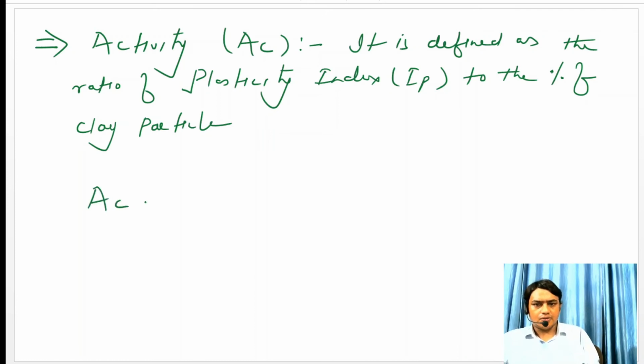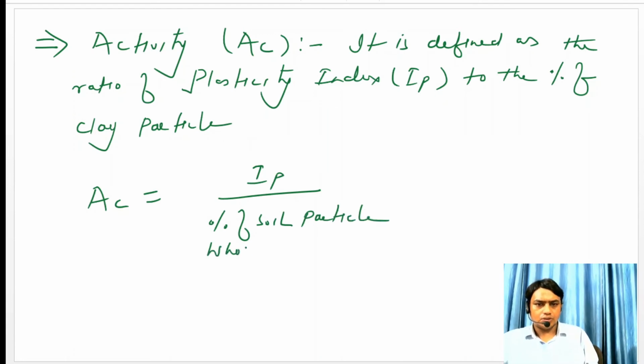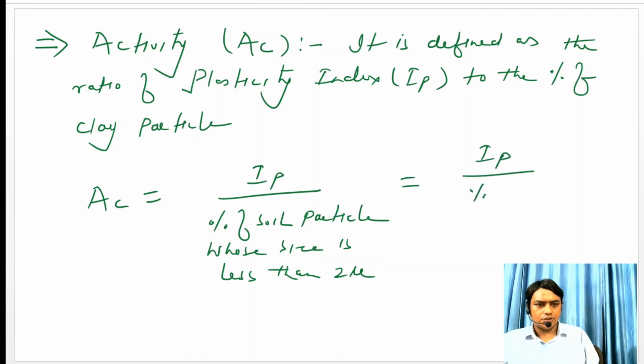So activity can be written as plasticity index by percentage of soil particle whose size is less than 2 micron, or we can also write plasticity index by percentage of clay particle. So this is the activity.